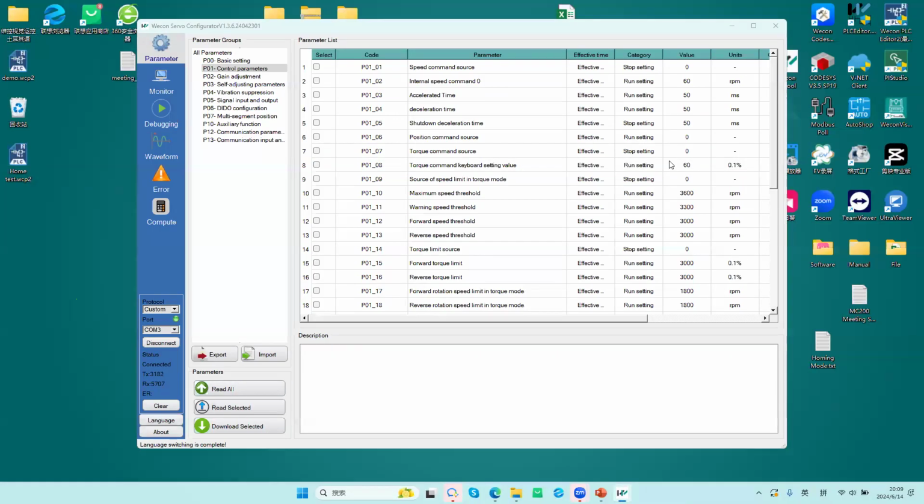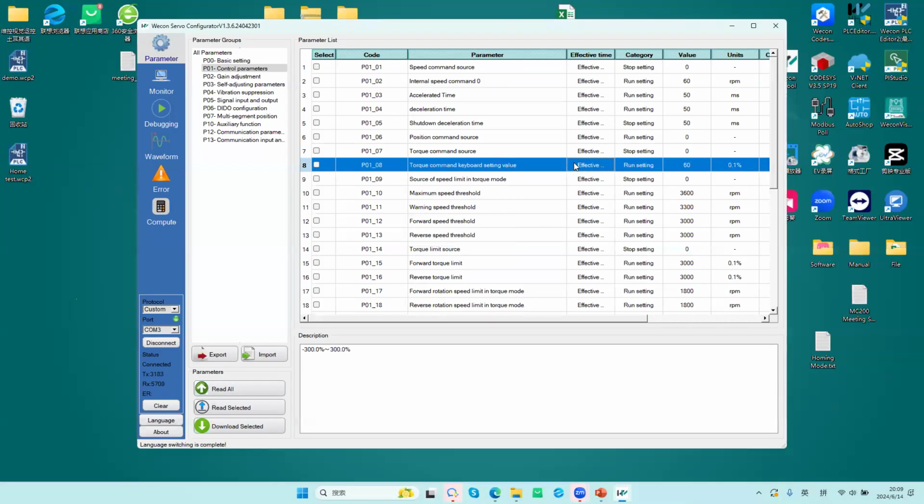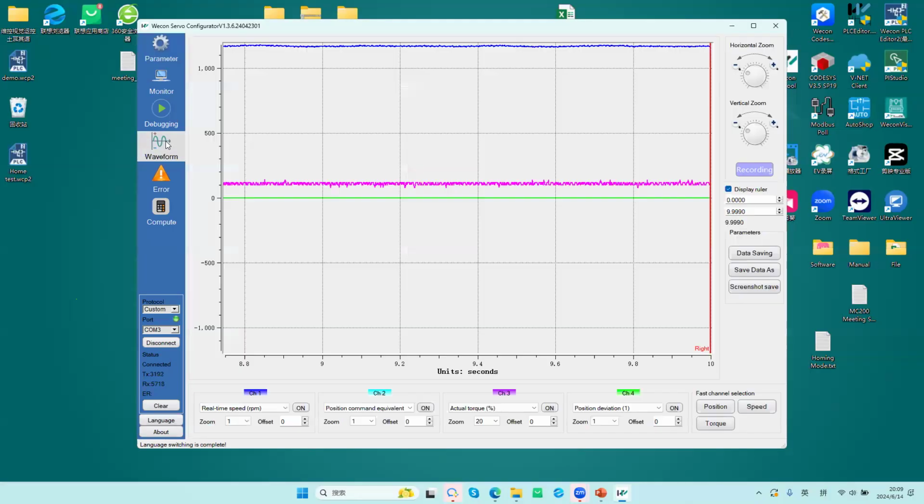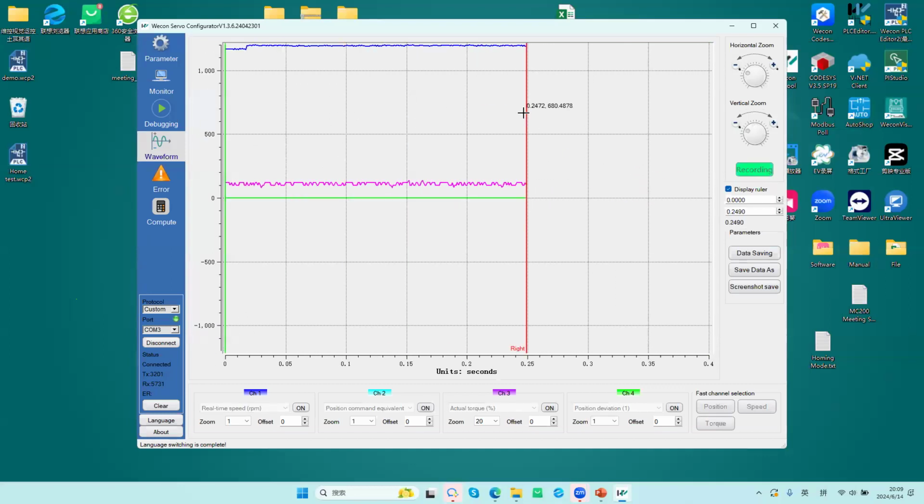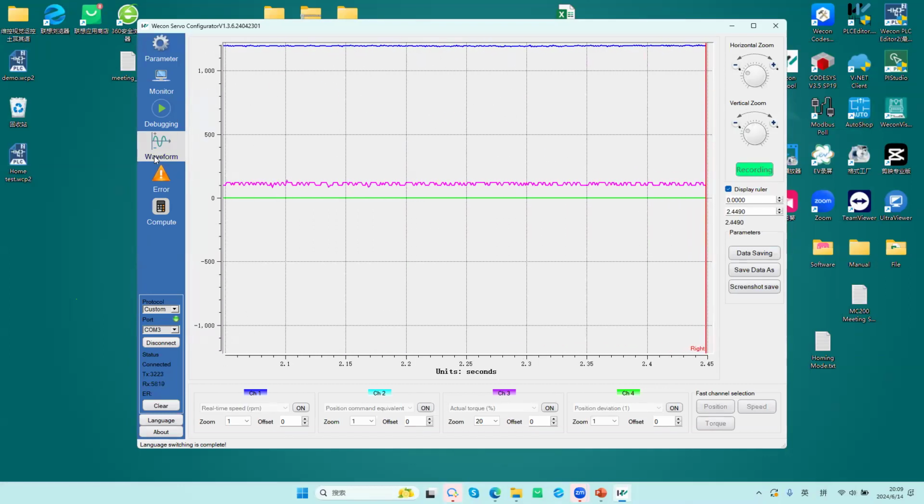You can read again. Now it is 60, because I just now changed this value by the servo panel directly. So you didn't see the process because I want to show this curve, this waveform always.